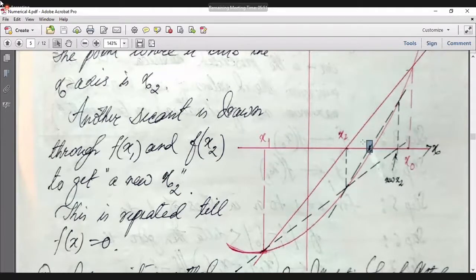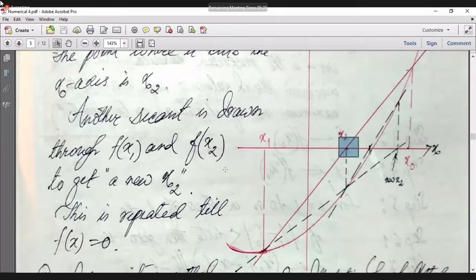To get it, we use the starting points x1 and x0 and draw a line through f of x0 and f of x1. The point where it touches the x-axis is the value of the new x2.